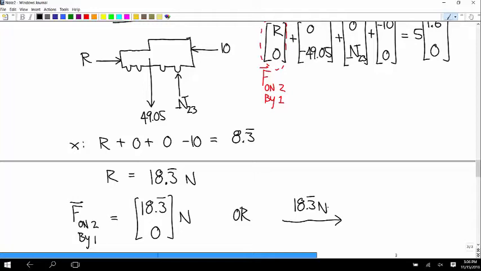That would be fine, if you could just say the opposite of that. What this problem asks for is the force on 2 by 1, so this is actually what we're looking for in this problem.